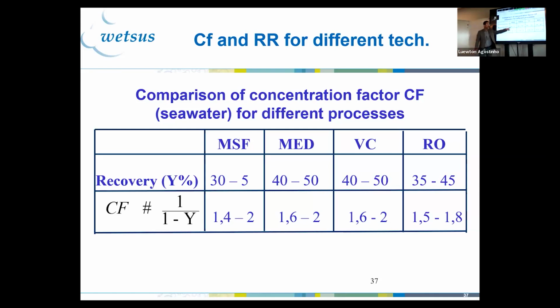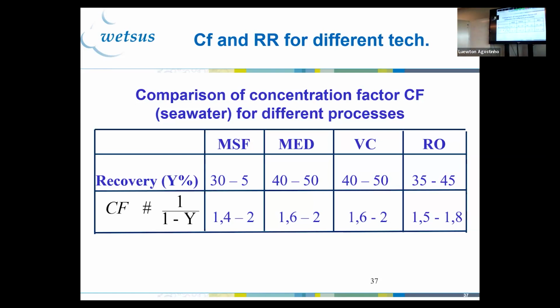Between 5 and 30. So I can put 100 liters in, and I'm getting only 5 liters back. That's crazy, right? For every 100 liters that you put in your system, you only get 5 back, while in reverse osmosis, this means 35, 45.